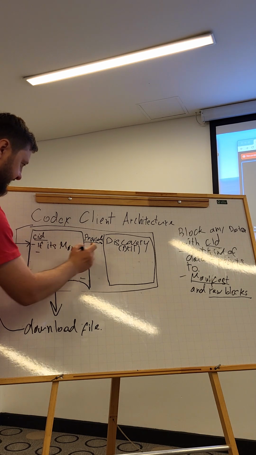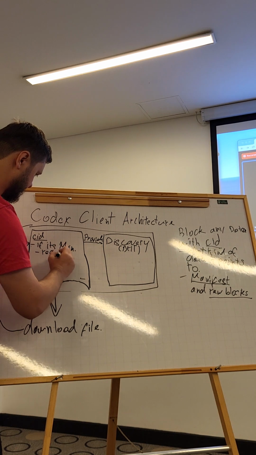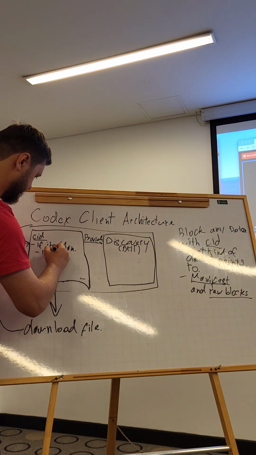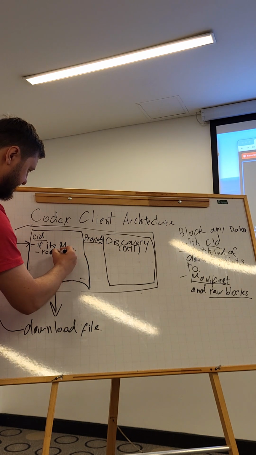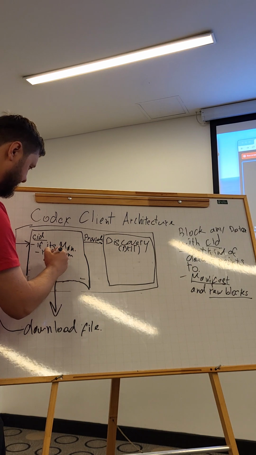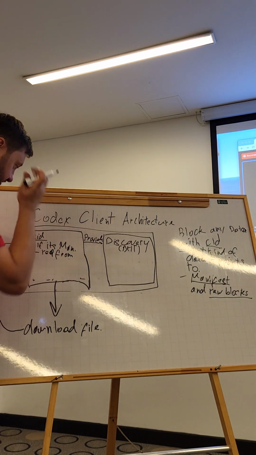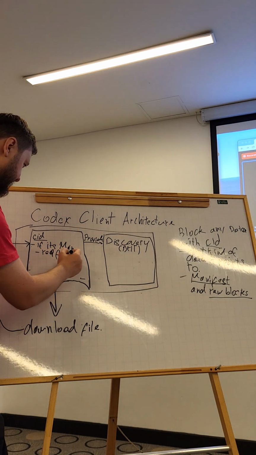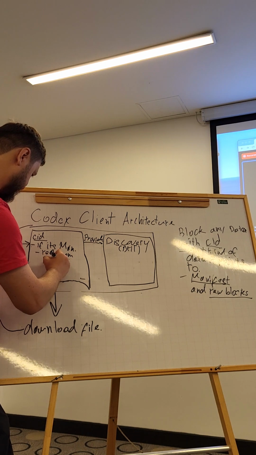So if it's a manifest, I make a request to the network. But let's say the request goes to the DHT, right? Because we don't know of any node that has it. So the request goes from the network to the DHT.